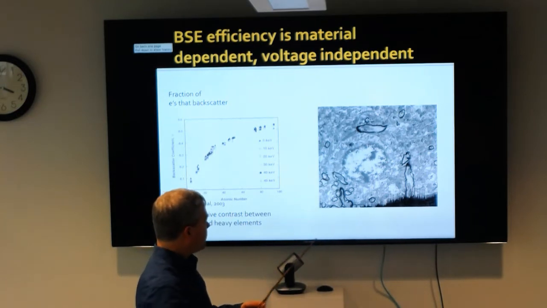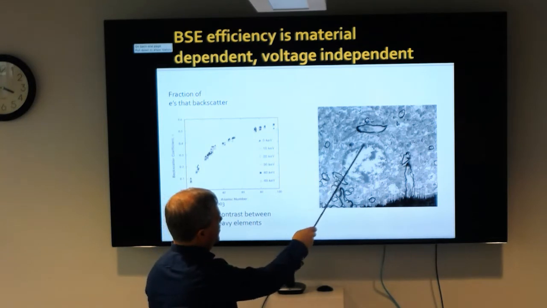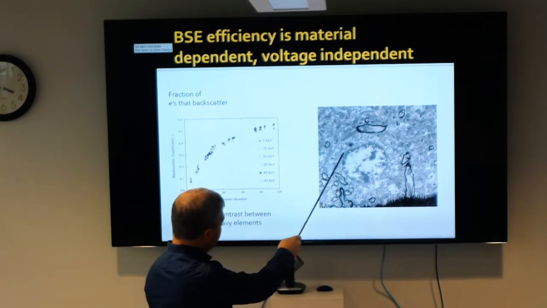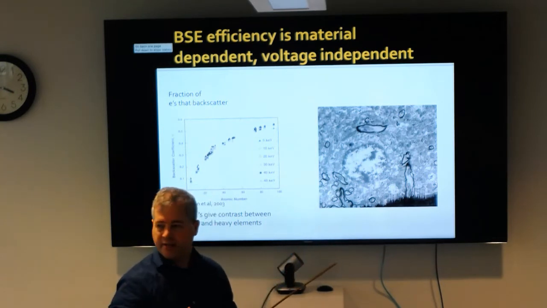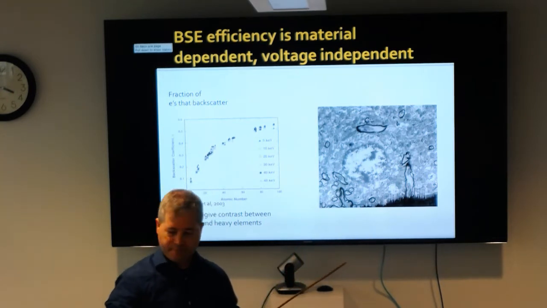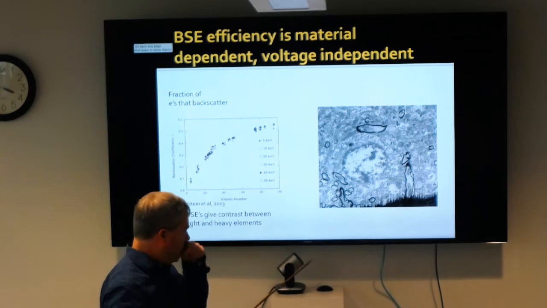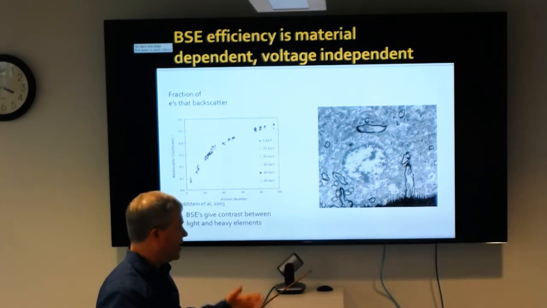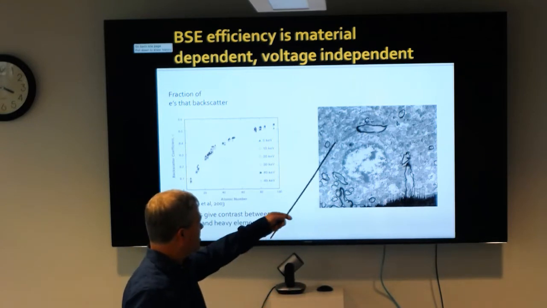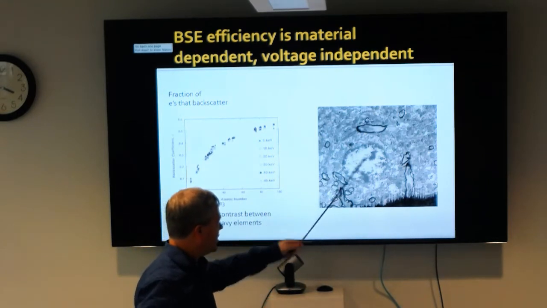And so what you see is really nice contrast because when you're viewing in backscatter mode, you see exactly where the metal is. It's kind of like negative stain for TEM, only the opposite, because it's sort of like a positive stain, where you're seeing where the stain is, and you can then see very fine ultrastructural detail in the cell.